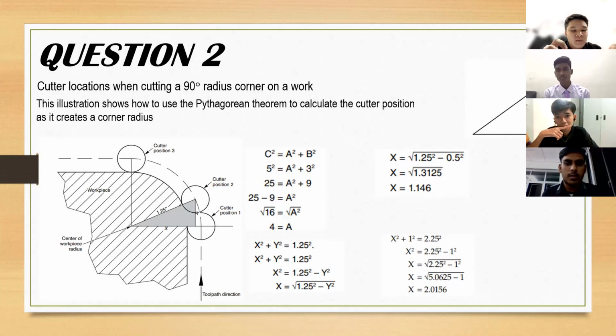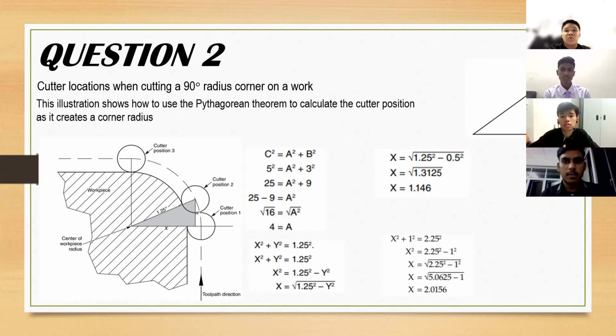It states that the square of the hypotenuse is equal to the sum of the squares of the other two side lengths. If the lengths of any two sides of a right triangle are given, the length of the third side can be calculated using the Pythagorean theorem: A squared plus B squared equals C squared.